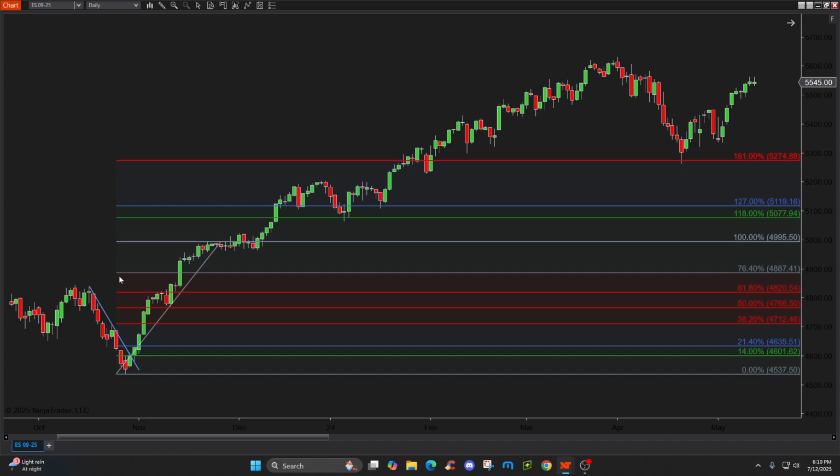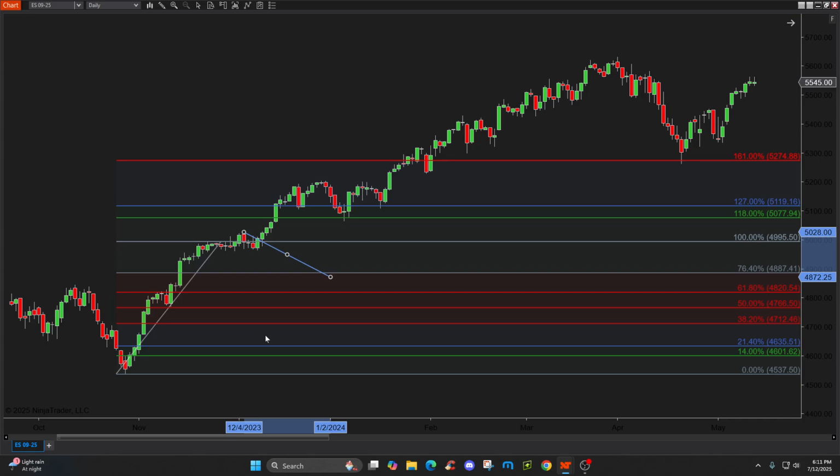So is there any other way to trade this? Well, actually, I see one. What do we got here? We take this and move it to here. Well, looky there. There's our trend line break.